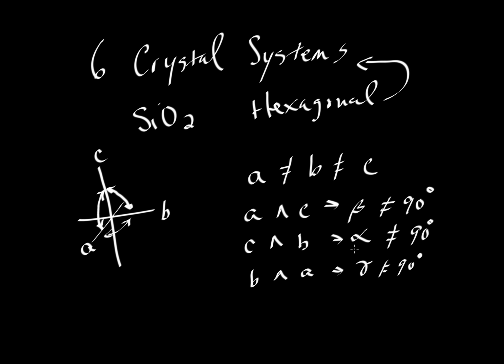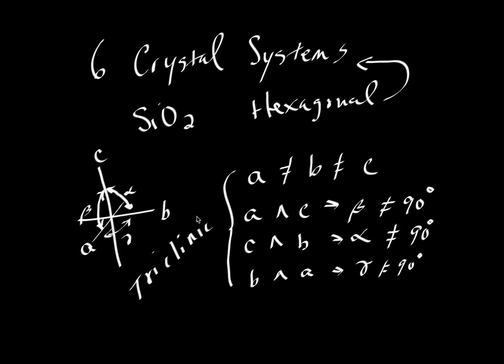So this is the angle gamma, and then this is the angle beta here, and that's the angle alpha there. So if we have all of these characteristics here, this gives us the first of the 6 that we will examine. This is the case of a crystal that would fall into the triclinic system.